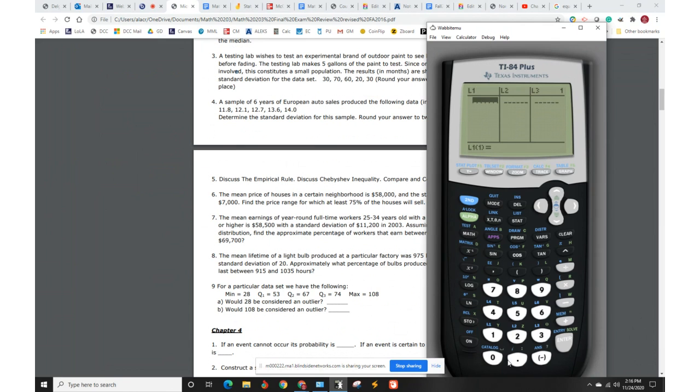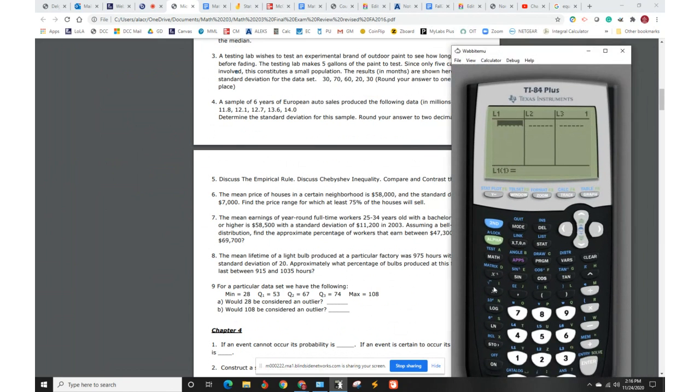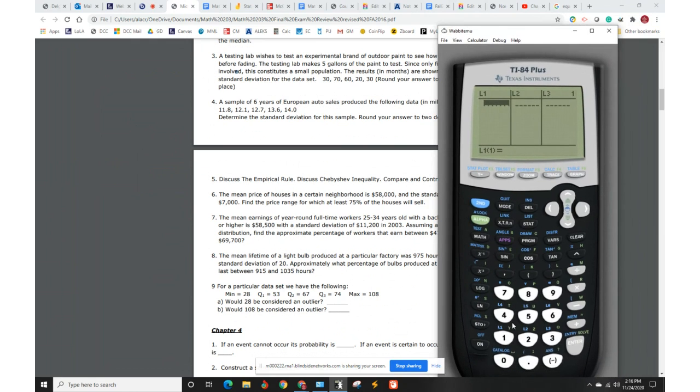I'm going to do just one of them, because the calculator does both the sample and the population standard deviation at one time.